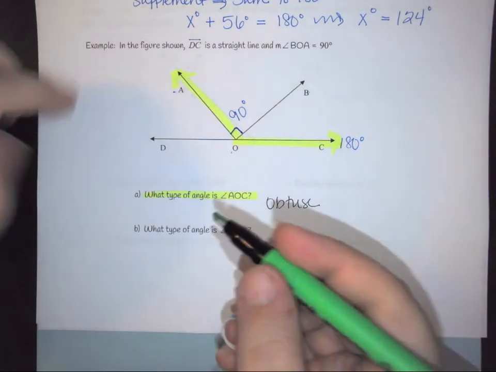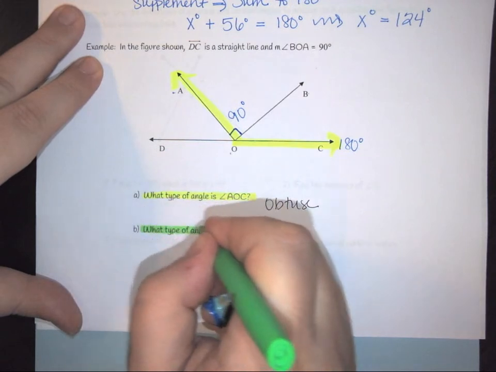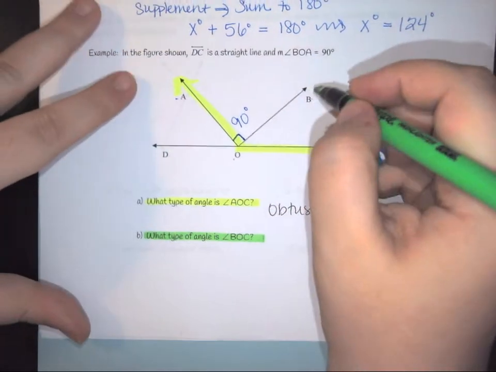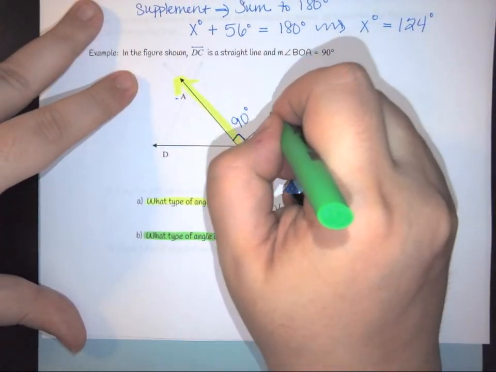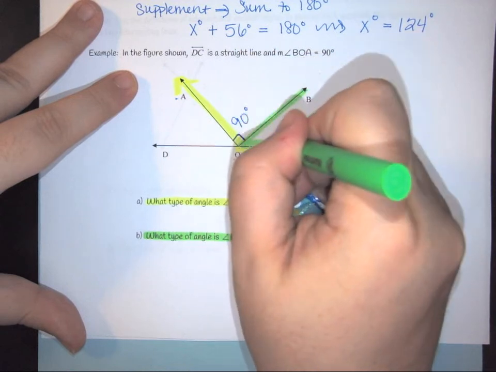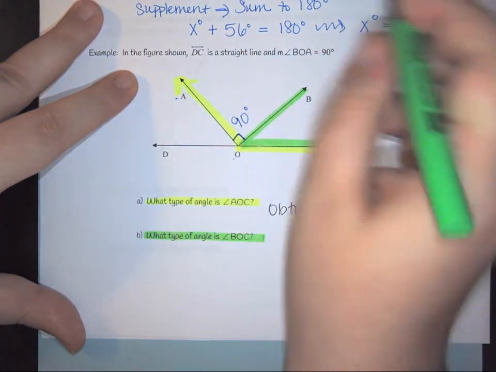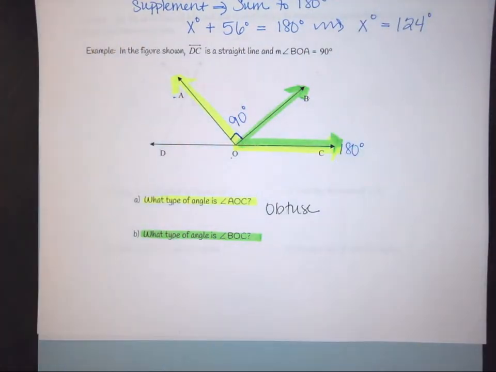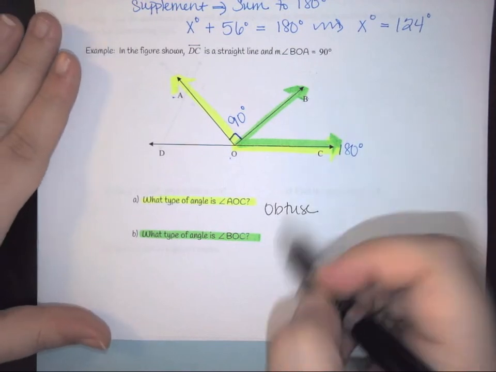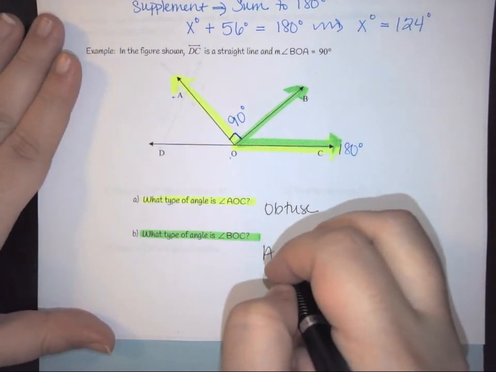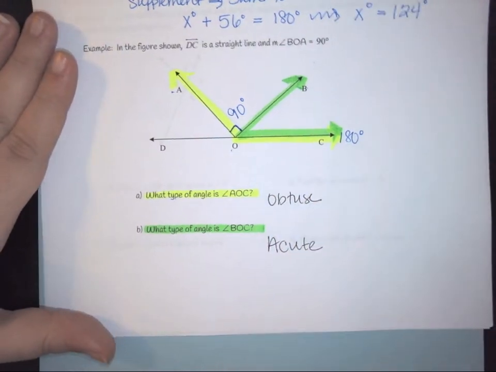So here, if we look at what type of angle is BOC, we have from B down to O over to C. So this angle here. So if we look at this green angle, notice it looks like a cute tiny little angle. Therefore we call it acute.